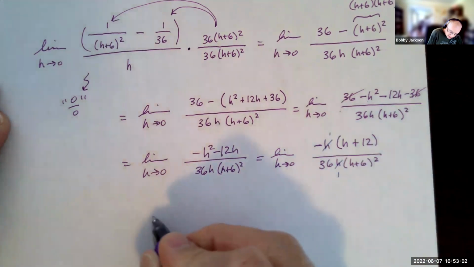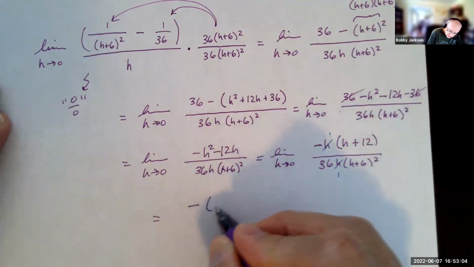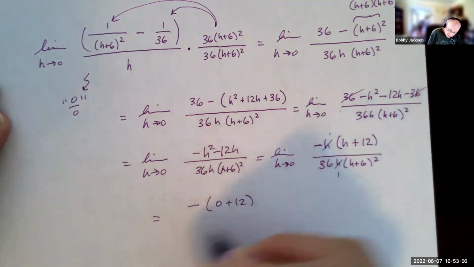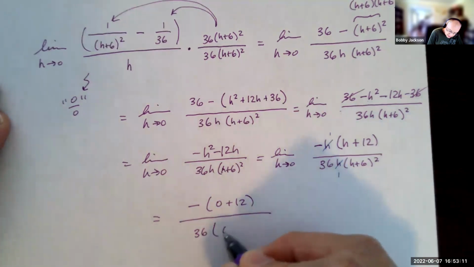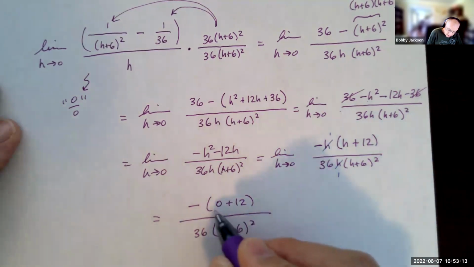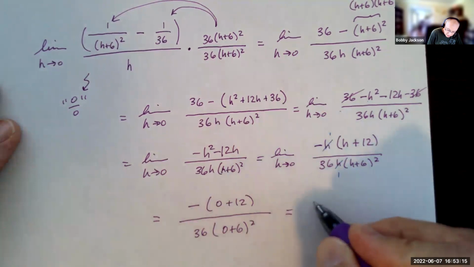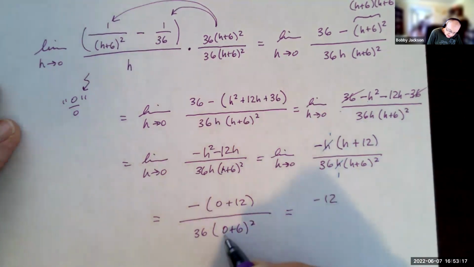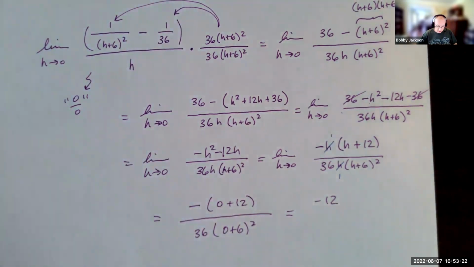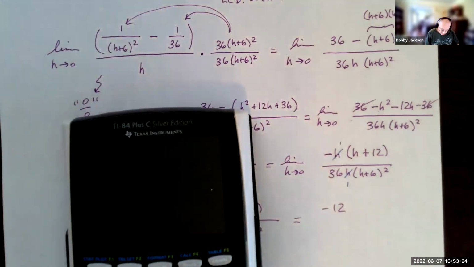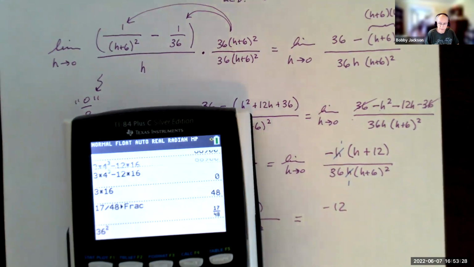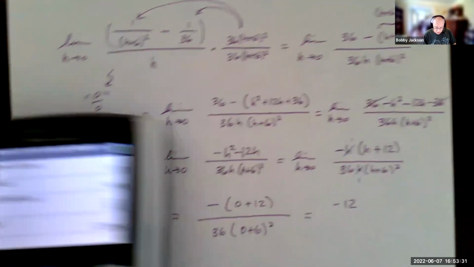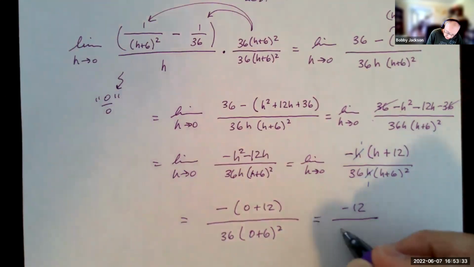I'm going to replace h with 0 in each of these cases. So I'm going to have 0 plus 12 in the parentheses there. Down below, I'm going to get 36 times 0 plus 6 quantity squared. So 0 plus 12 is, of course, 12. I get negative 12 up top. Here I get 0 plus 6. 6 squared is 36. So this is 36 squared. 36 squared is a big number. It's 1,296.